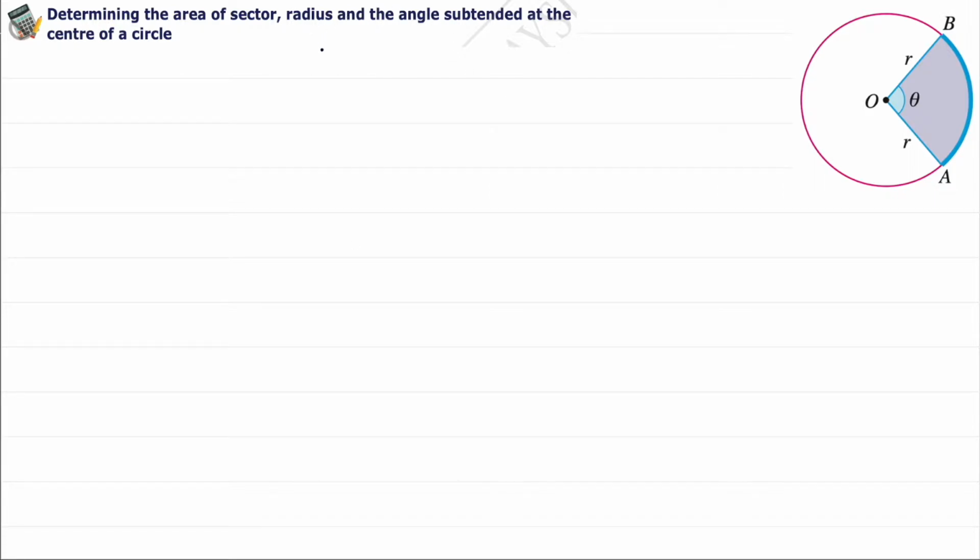So we are going to use the same relation. We have area of sector over theta, the radian, the angle. Then this one is directly proportional.